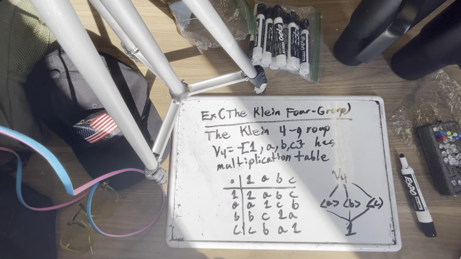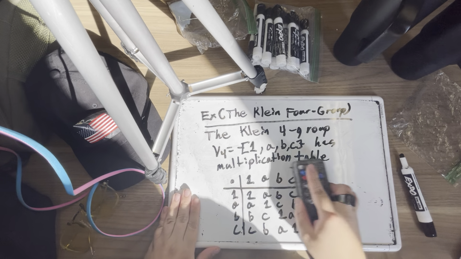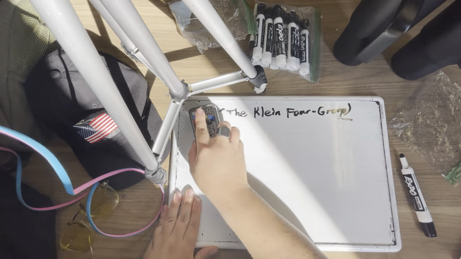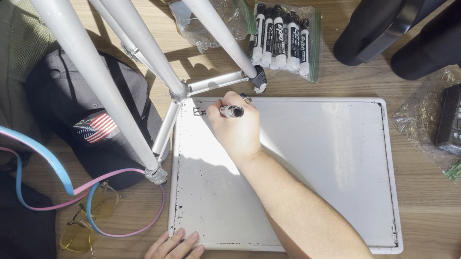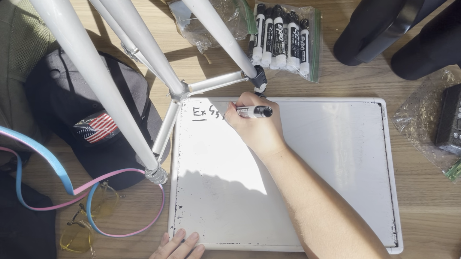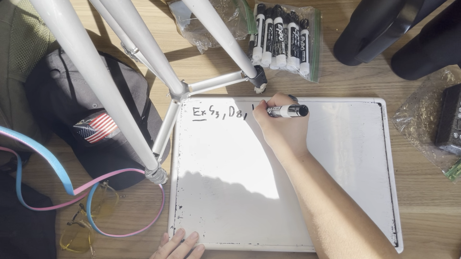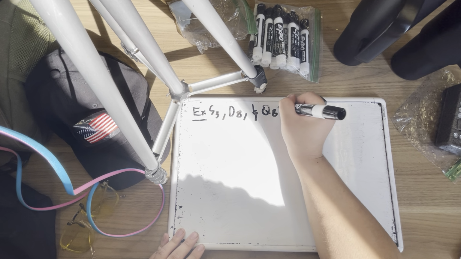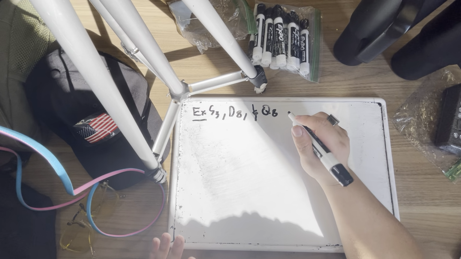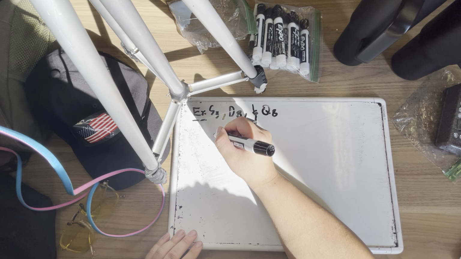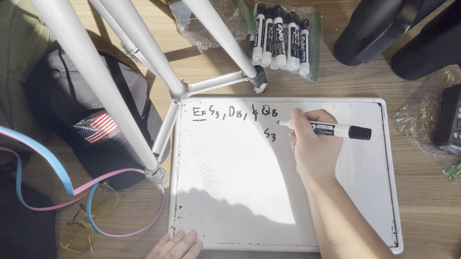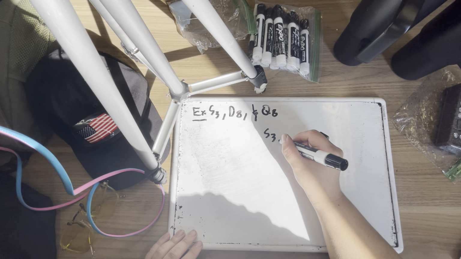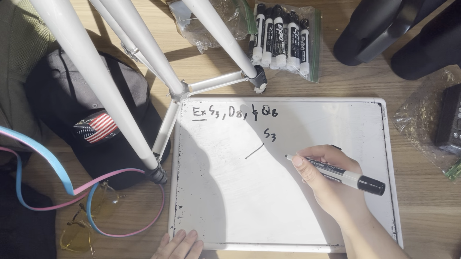Now let's talk about the subgroup lattices of three fundamental groups in particular. Those being S sub 3, the symmetric group with 3 elements, the dihedral group with 8 elements, and the quaternion group. We'll start with the symmetric group of 3 elements. Let's go left to right.